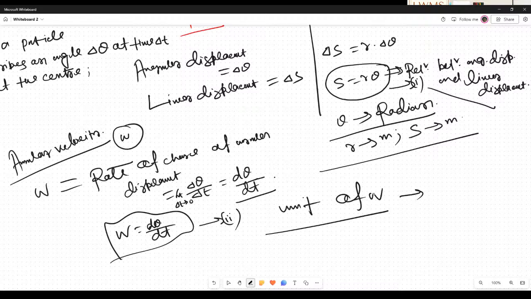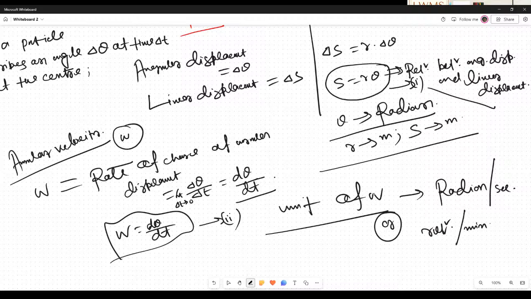Theta by t, you say radian per second, or it is revolution per minute. Radian per second sometimes will be referred to as RPS. Revolution per minute will be written as RPM.